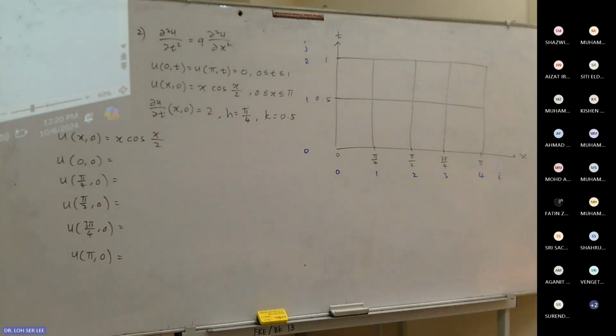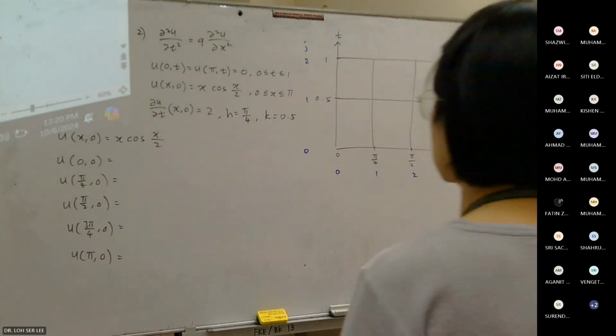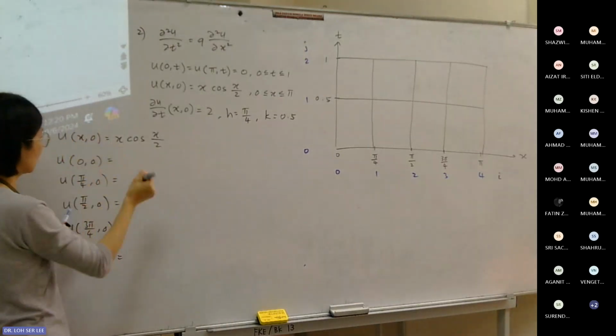Okay, so x is 0. When x is 0, you get 0.